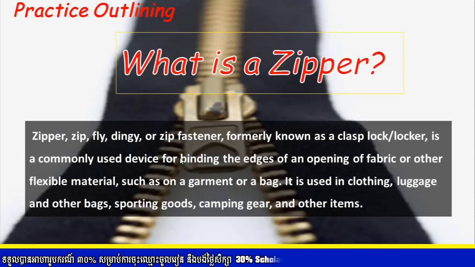So, practice outline again: what is a zipper? This whole text or definition the teacher extracted from Wikipedia, so you can explore it more on the internet. We call it a zip, or fly, so zip fastener, formerly known as a clasp locker. You can also say clasp or locker.